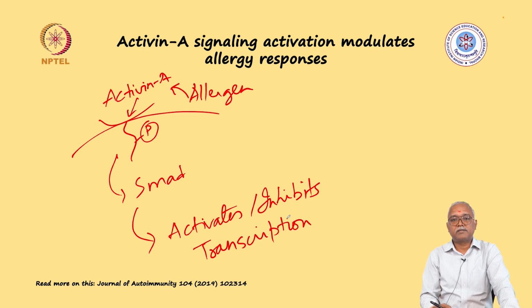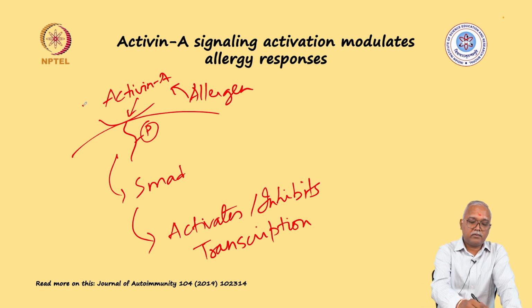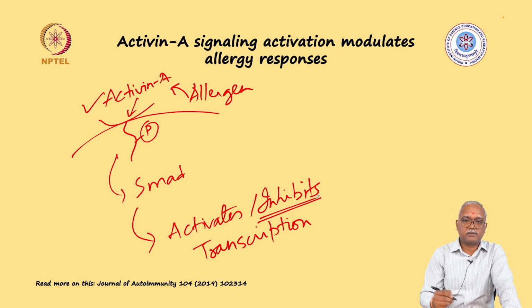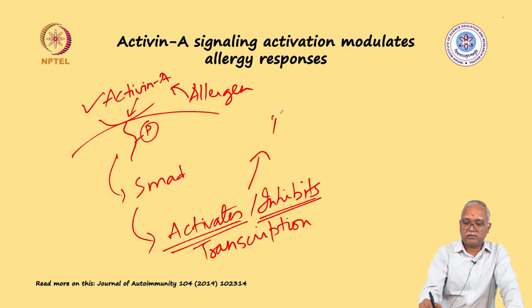So remember, when a response is by default present, the signaling will ensure that inhibition happens so that the situation is under control. Because if you already have a response mounted normally, and this signal activates it further, it creates a problem or a concern. So depending on the cue, and depending on the response which was already present, the system activates or inhibits the transcription of the right set of molecules.